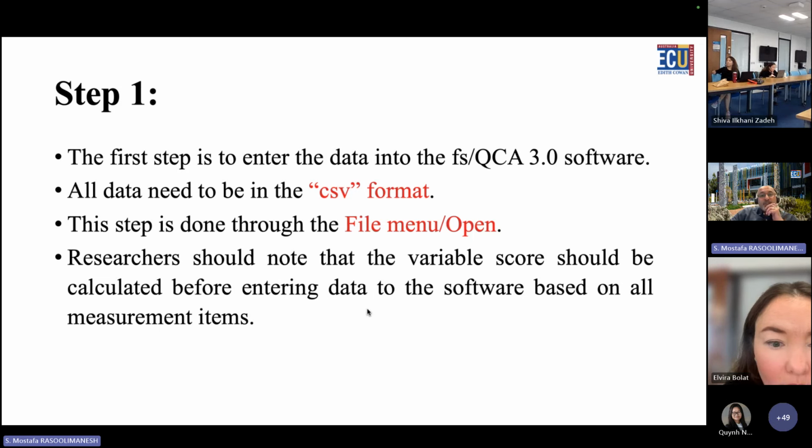Here are some steps from our book chapter. You can refer to our book chapter, where we explain step by step how your data can be transferred, but first you need to calibrate your data. You need to rescale your data to 0 to 1.